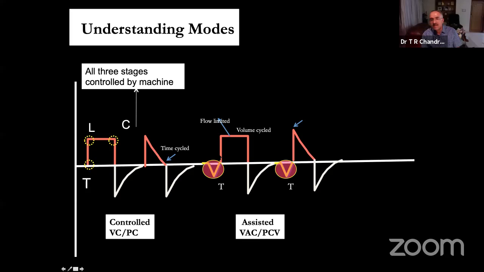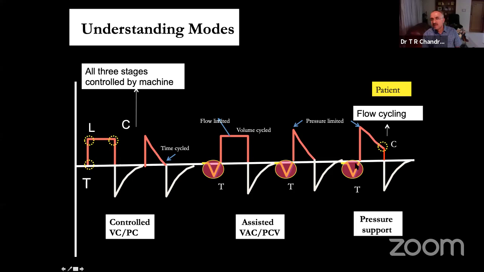You just remember, this is not a very good mode for the patient to breathe because it's a controlled or fixed set flow. This is not adaptive to the way the patient breathes. So then you have to shift from volume control to a pressure control. Then this is the third mode where two phases are with the patient, and that is the only mode we have discussed, the pressure support mode.